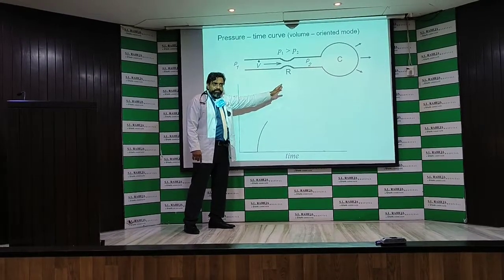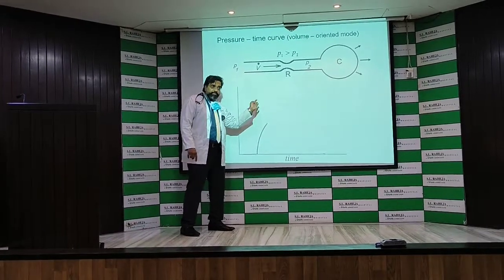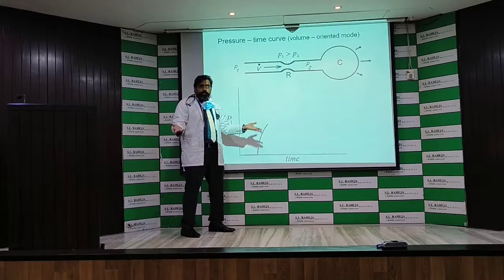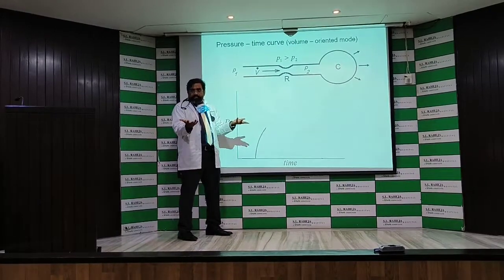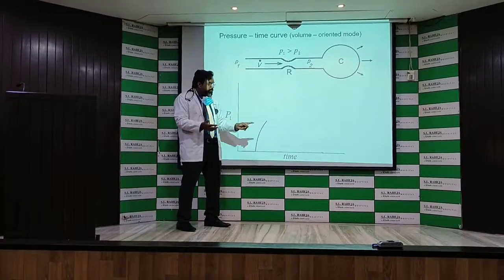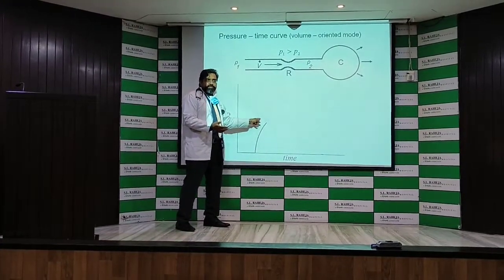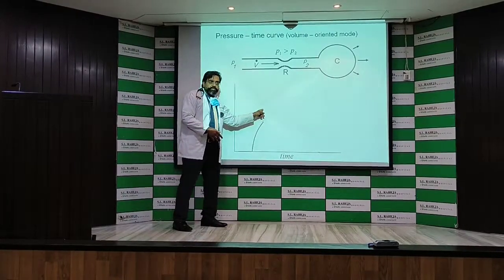You understand? Because the same volume has to go in the same time, what has to increase? Flow. And if my flow is going up, what is going to go up? Pressures. So that is why resistance of the airway reflects as peak pressure.